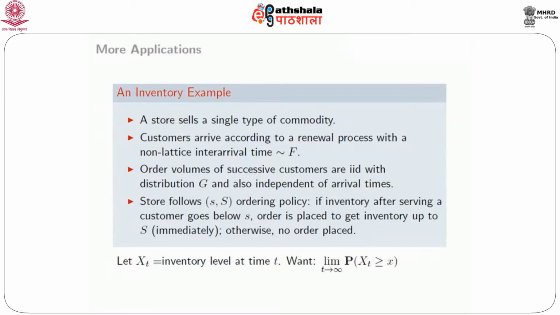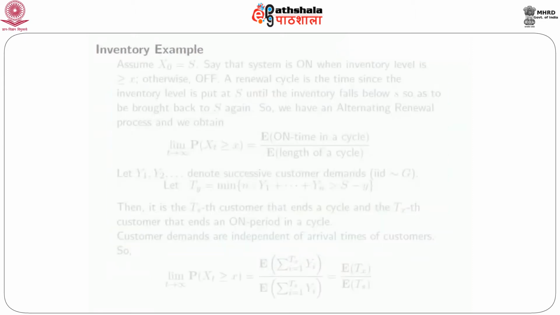What we want to find is the limiting distribution of X_t, more specifically, for any x positive, what is the limit of P(X_t greater than or equal to x)? So in the long run, what's the probability that the inventory level would be more than or equal to x?